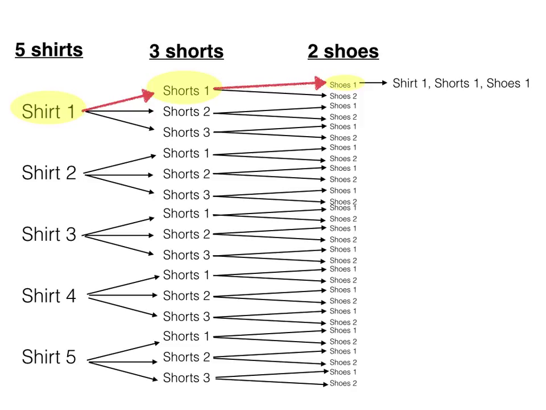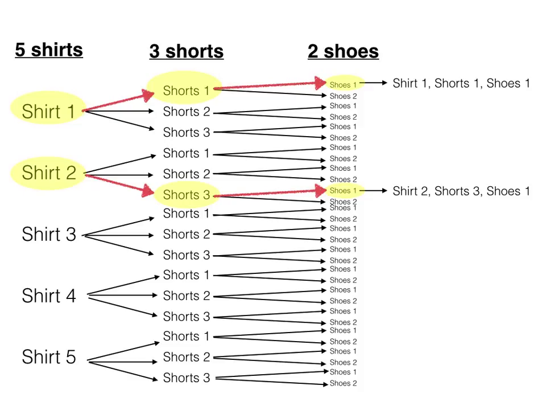So in order to get to that top one, we had to go shirt 1, shorts 1, shoes 1. So you could do that for each of these. Let's do one other random one. We can start at shirt 2, go down to shorts number 3, go up to shoes number 1. So that one right there means shirt 2, shorts 3, shoes 1.